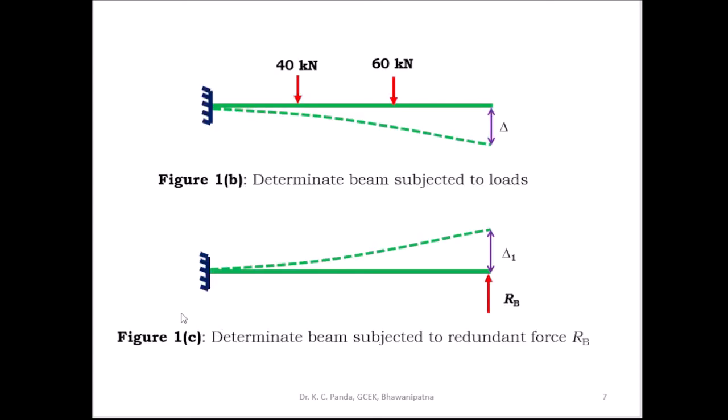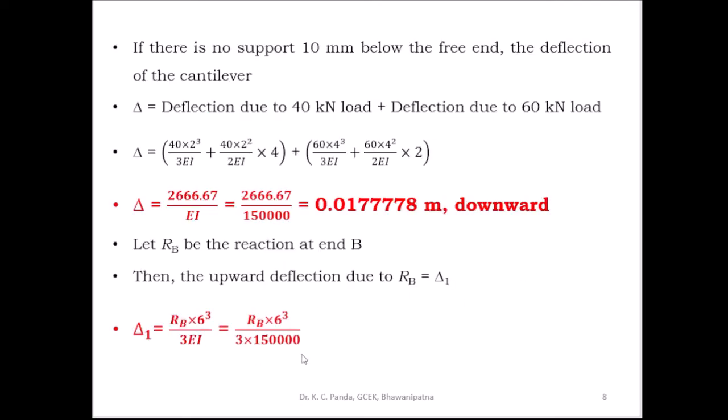This is the total length from the fixed end to this prop reaction, which is 6 meter. But here EI is equal to 150,000 kilonewton meter square, so delta 1 is equal to RB into 6³ by 3 into 150,000.